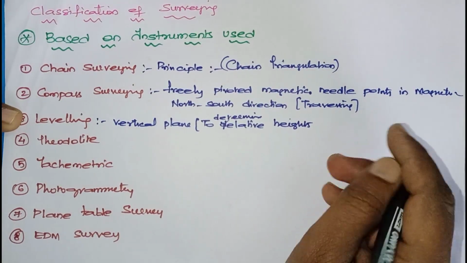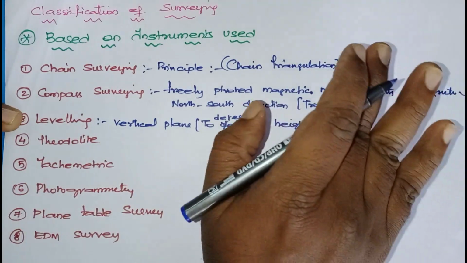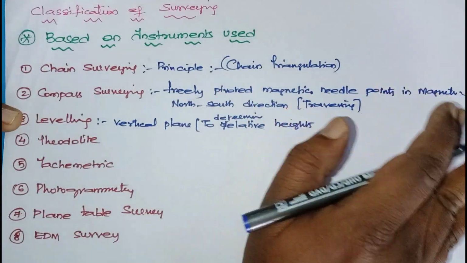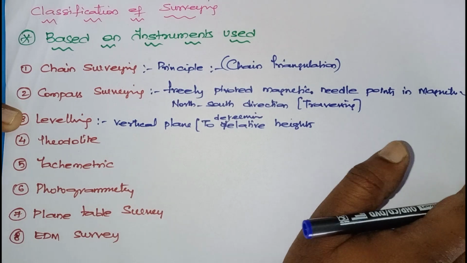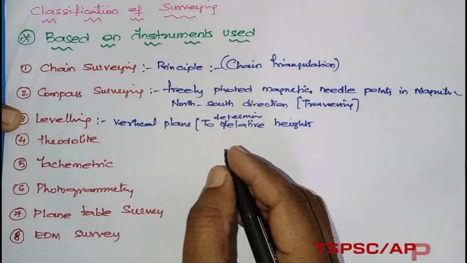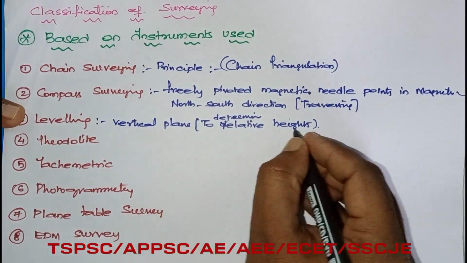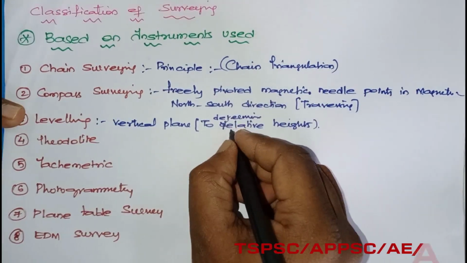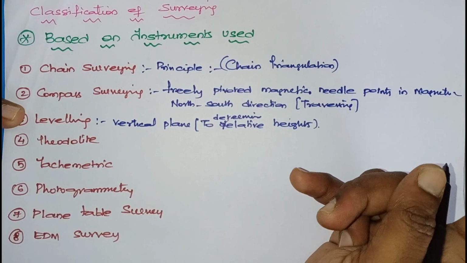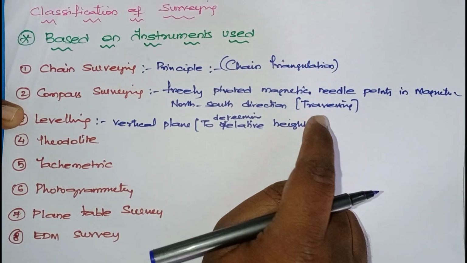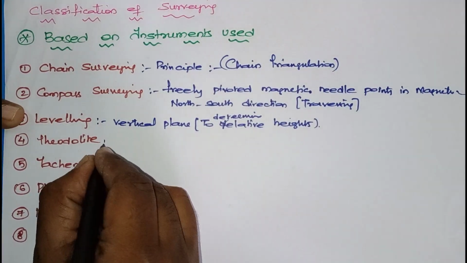Generally, what is the level? The difference between the floor level of our house and the road level. That difference is nothing but leveling only, right? And here surveying is done to determine the relative positions, xy coordinates. Here it is the z direction, the vertical direction, right?